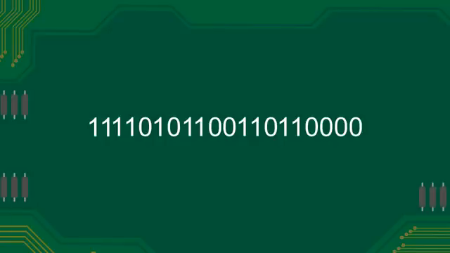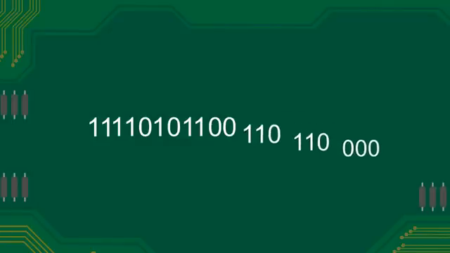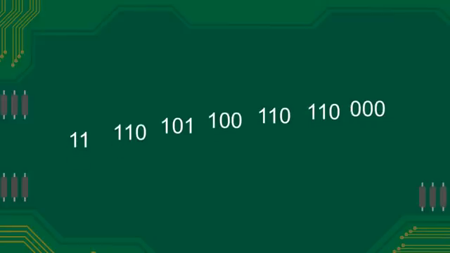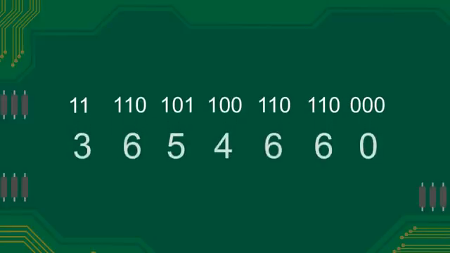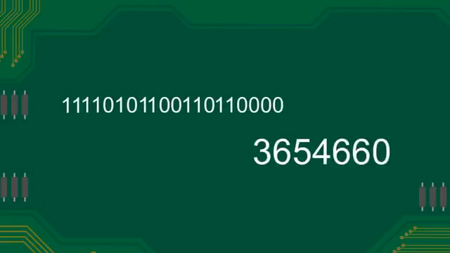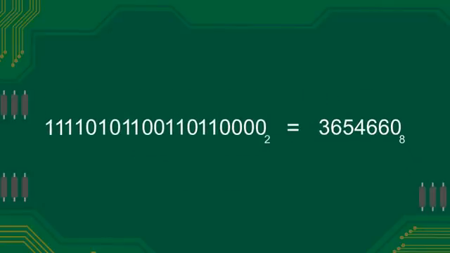To convert this binary number back to octal, we split it into 3-bit groups starting from the right. And each 3-bit group is then converted to its equivalent octal symbol. So the octal equivalent to this binary number is 3654660. A lot easier to remember than all those ones and zeros.